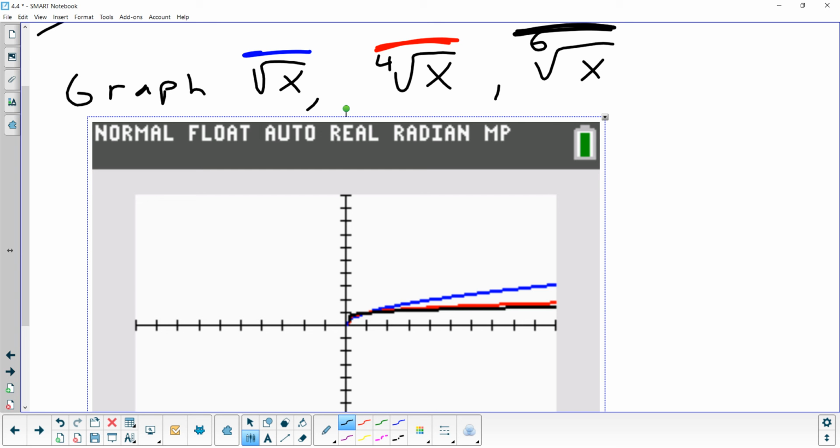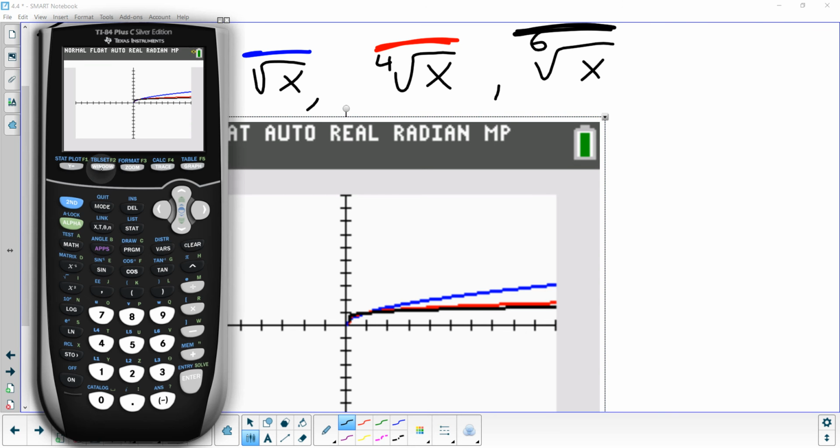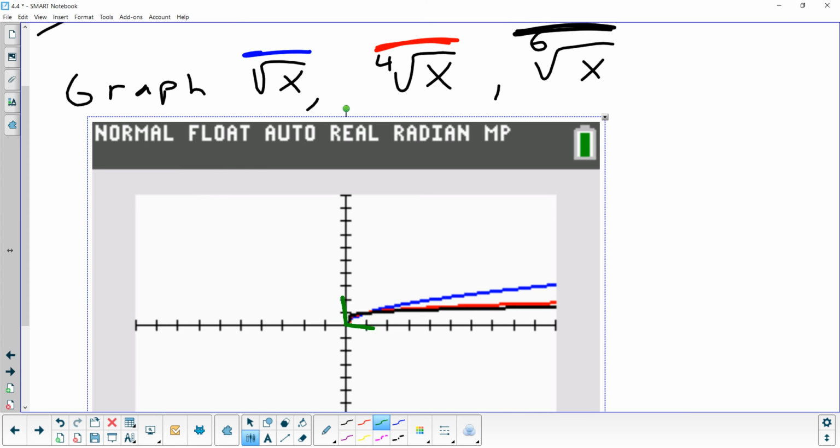So when we are above 1, the square root is the highest, then the 4th root, then the 6th root. But let's see what's happening right around 1. So what I'm going to do is set my window to just focus on this section right there.